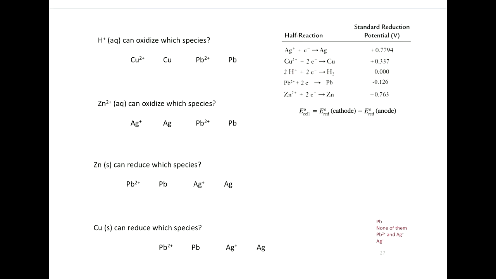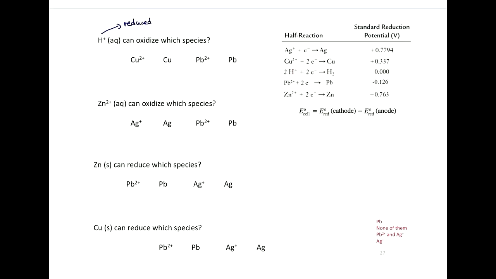Yeah, probably. All right, so let's use this table a little bit further and see if we can conceptually determine with these numbers which of these species H plus can oxidize. So it's all about reading comprehension, because oxidize and reduce are opposites of one another. So if H plus is the oxidizing agent, that means H plus is being reduced in our reaction.